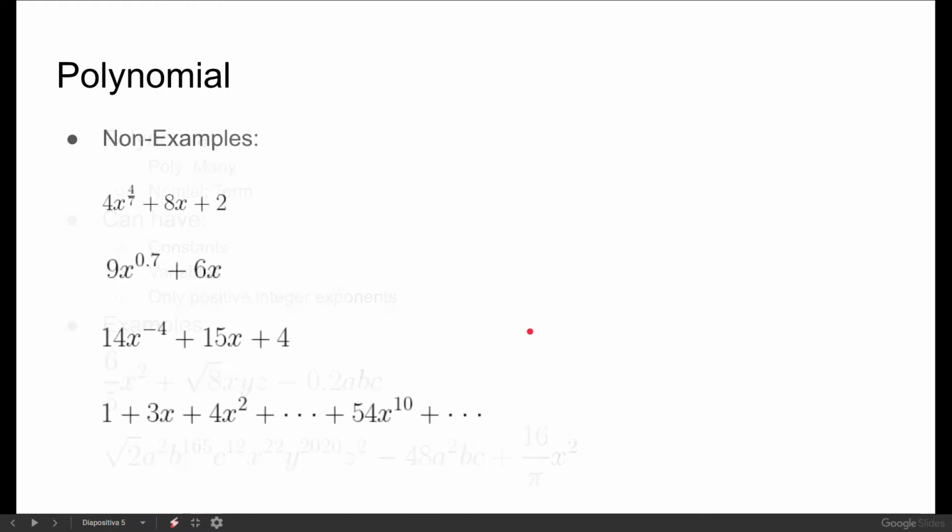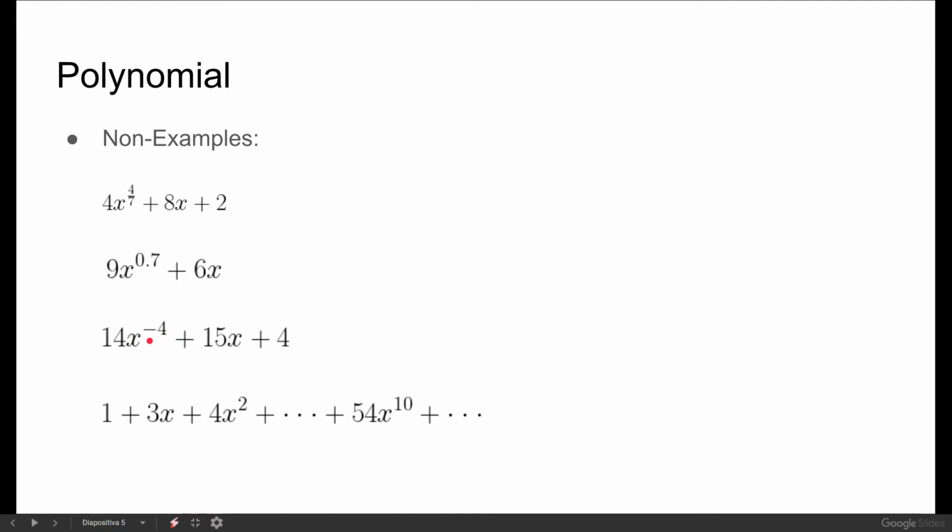What is not a polynomial is, for example, something like this, because you see here that the exponent of the variable is not an integer. So this is automatically not a polynomial. This is also not a polynomial because this exponent is not an integer, and this is also not a polynomial because the exponent is negative.